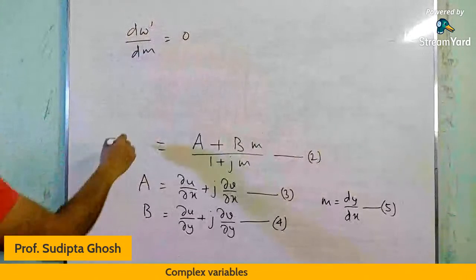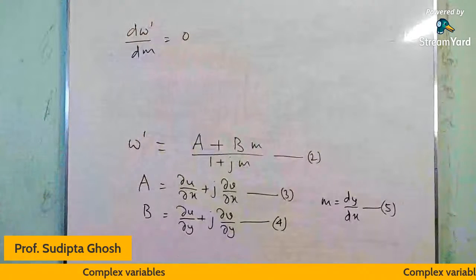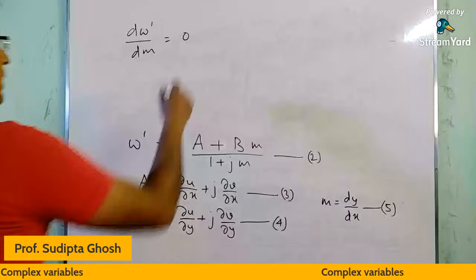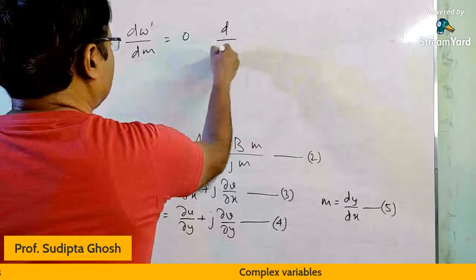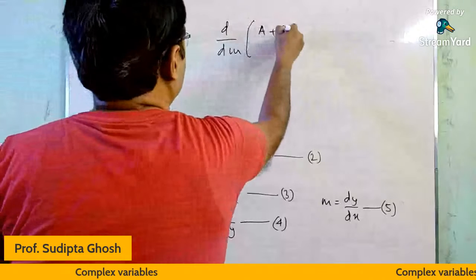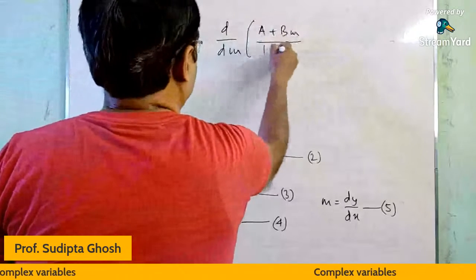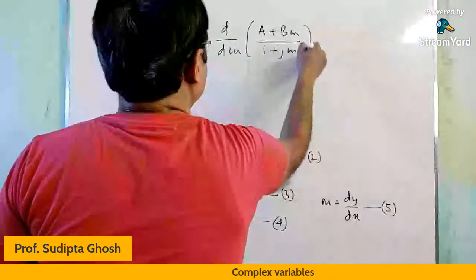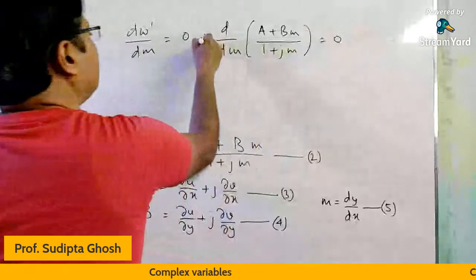Now as w prime equals this, d/dm of w prime, that is (a plus bm) by (1 plus jm), must be equal to 0.